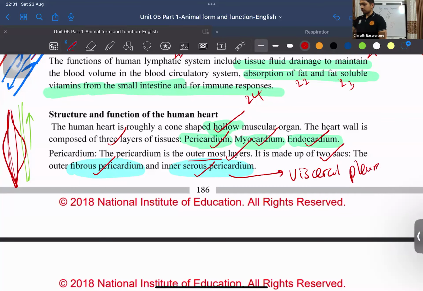I mean, it's similar in how it's structured. Serous pericardium is stuck to the surface. And the fibrous pericardium is like what? Parietal pleura. Right? So the outer layers of the heart and the lungs are kind of similar.